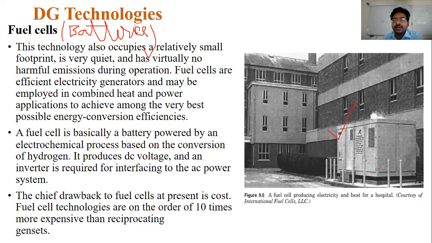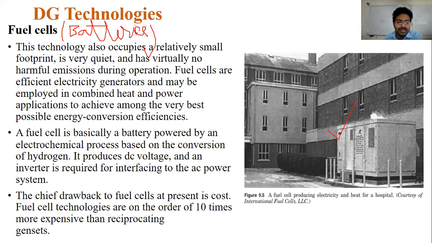Nowadays cars also use these batteries, like Tesla. Tesla was among the first and very famous cars. In our India also, some companies like Tata Motors have already introduced electric vehicles. The fuel for these electric vehicles is batteries, that is, chemical energy.